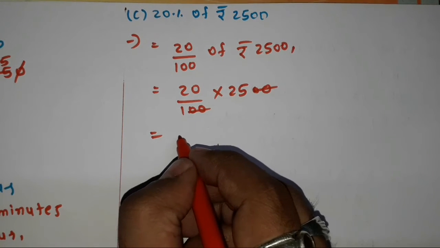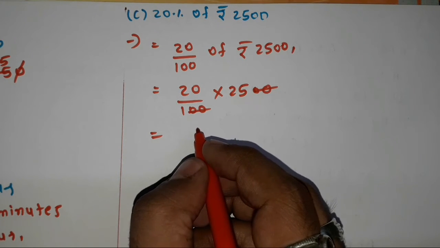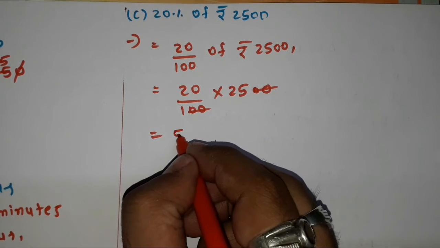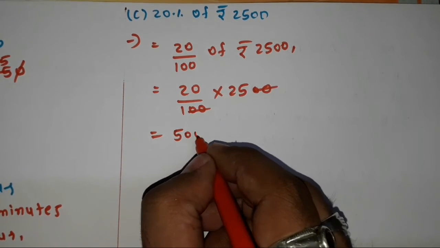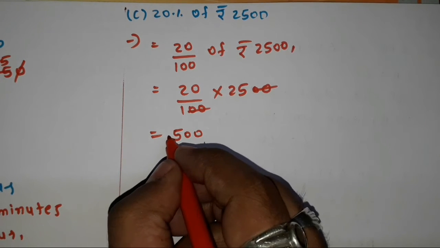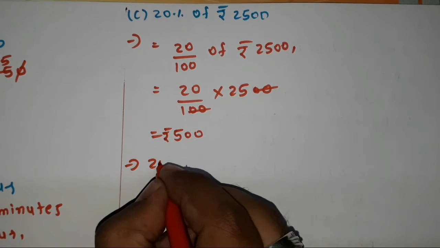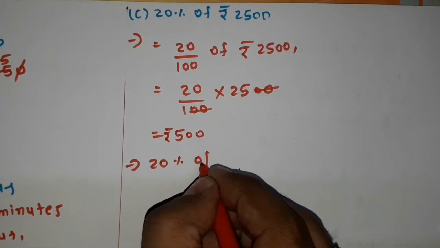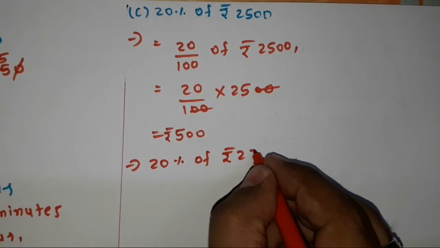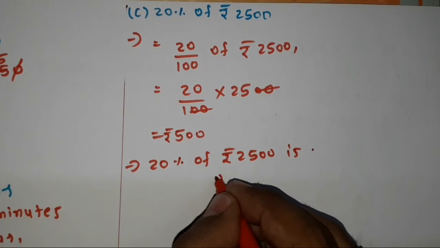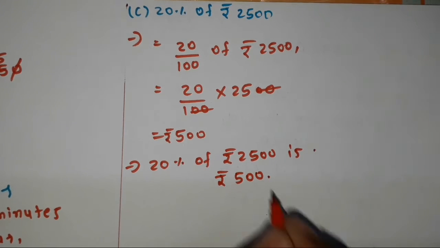So 25 into 20, we all know, is 500, but rupees. So here at last we can write that 20% of rupees 2500 is rupees 500.